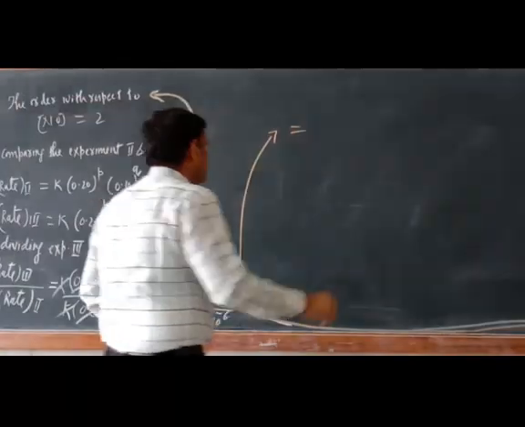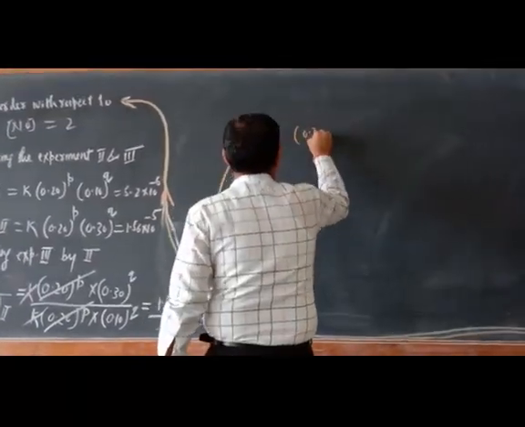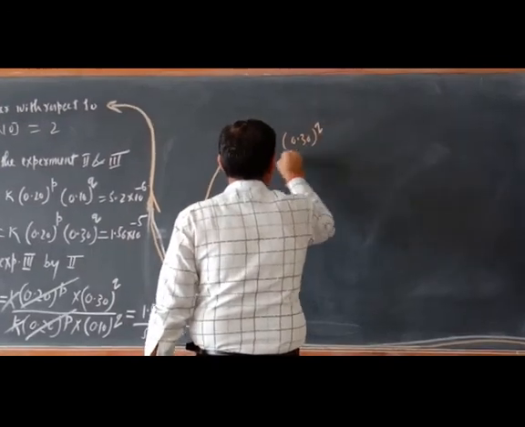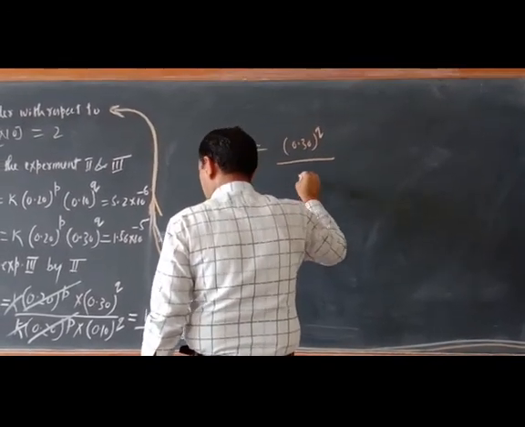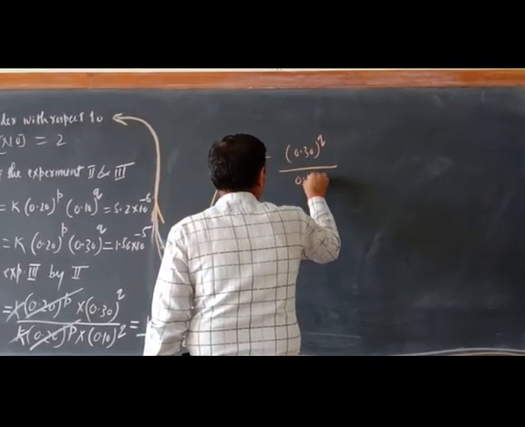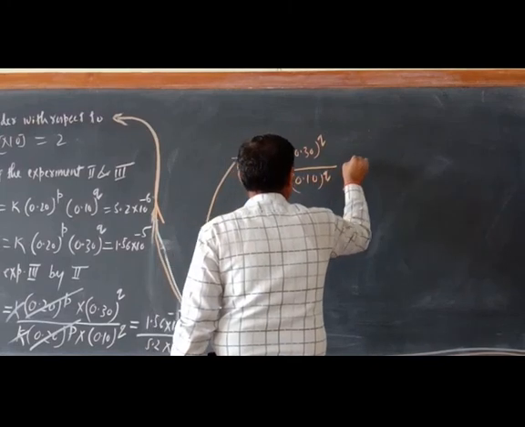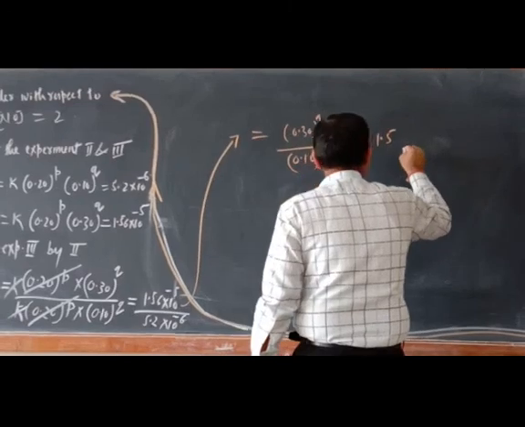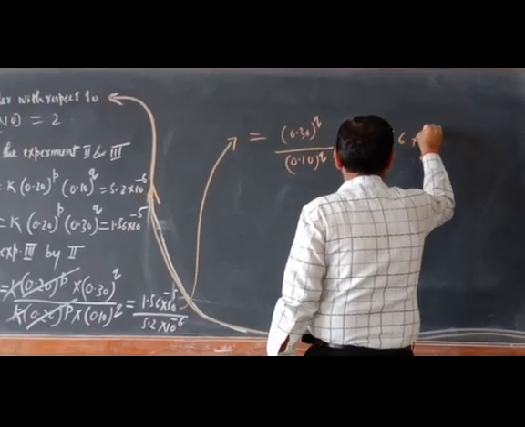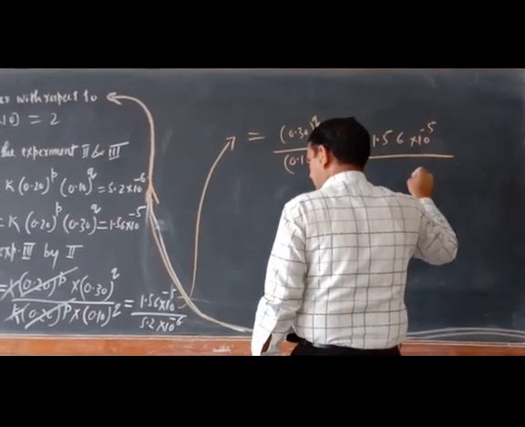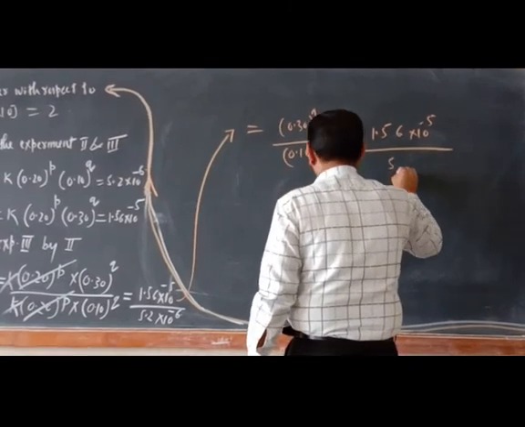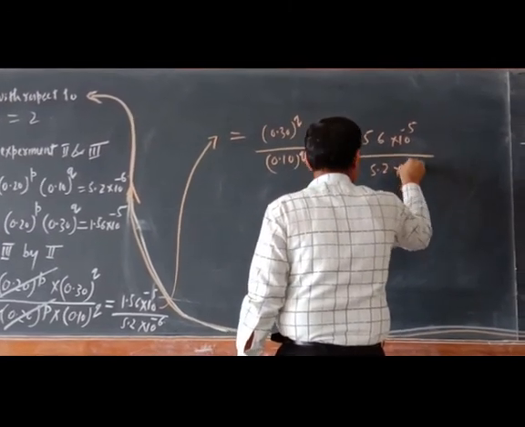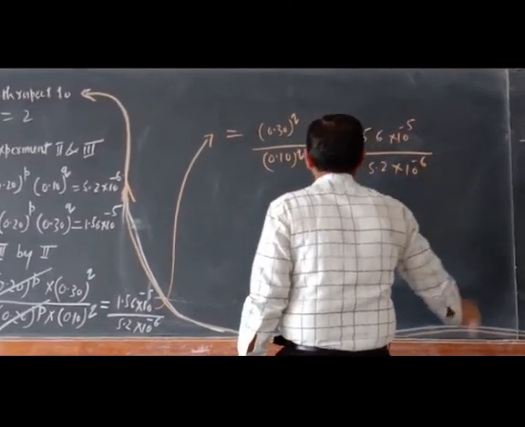So now this is 0.30 cube divided by 0.10 cube, that is equal to 1.56 into 10 raised to the power minus 5 divided by 5.2 into 10 raised to the power minus 6.